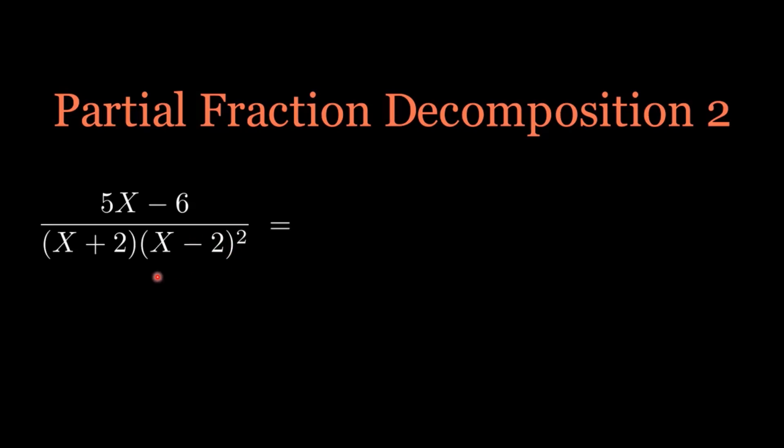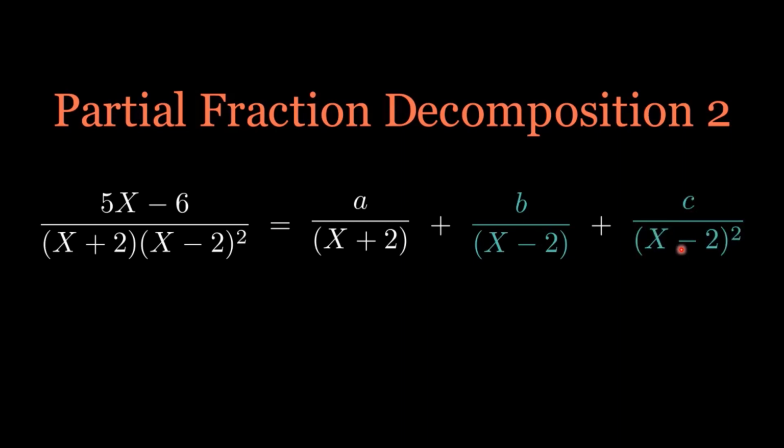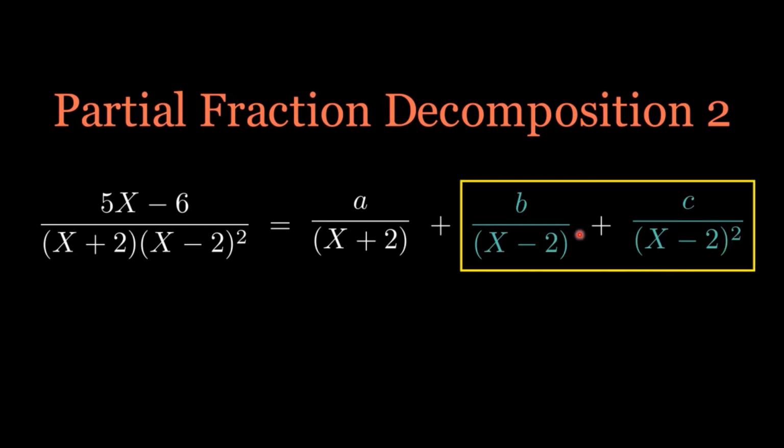So the partial fraction decomposition is a over x plus 2, plus b over x minus 2 to the power of 1, plus c over x minus 2 to the power of 2. Because 2 is a root with multiplicity 2, we have two fractions with x minus 2.